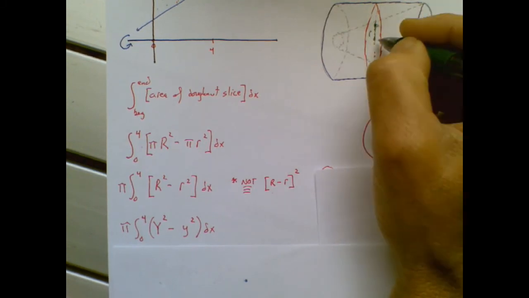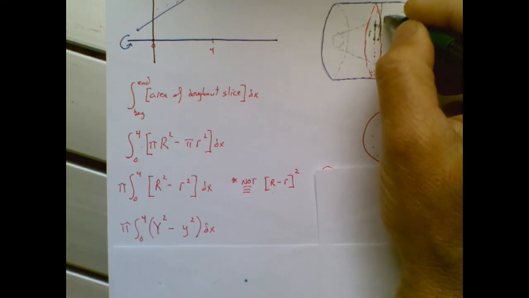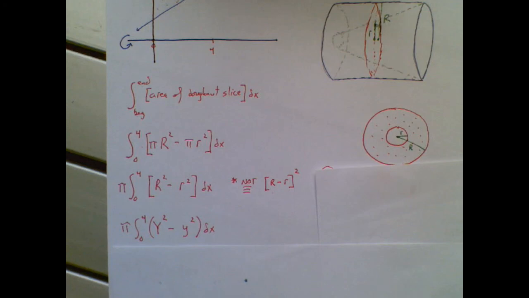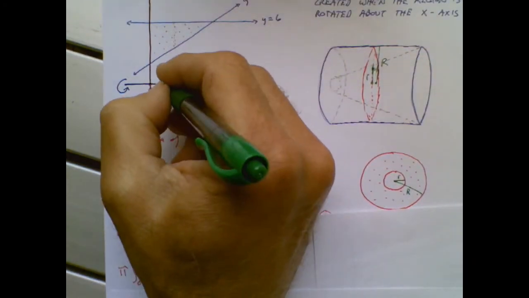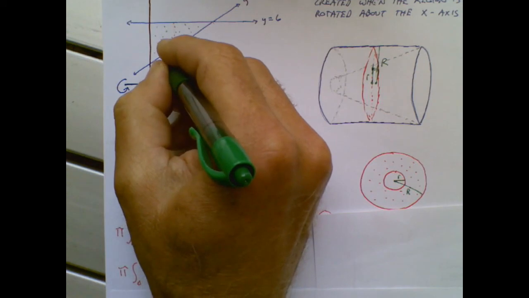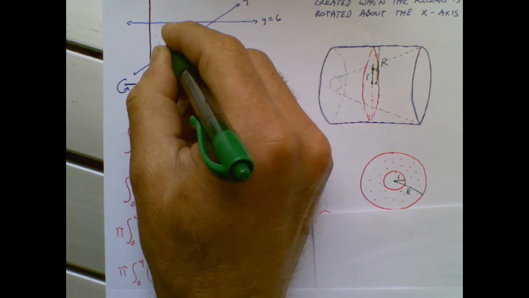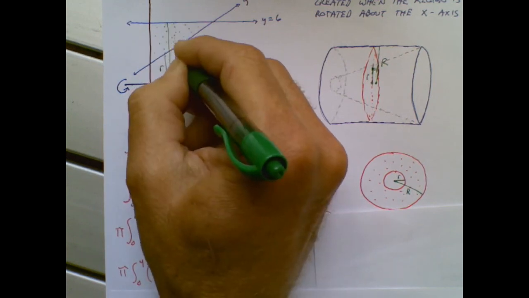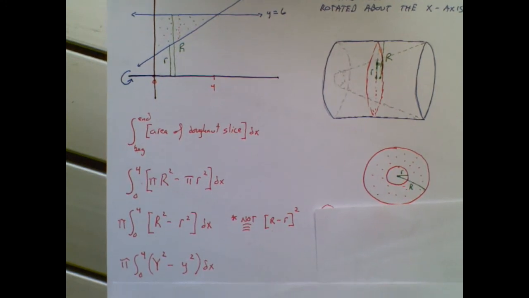There's my little r, and then my big R, I'm going to draw it off to the side. There's my big R. In terms of this, there's my little r. There's my big R. So you got to be pretty organized.